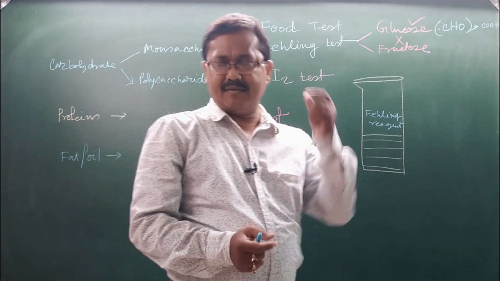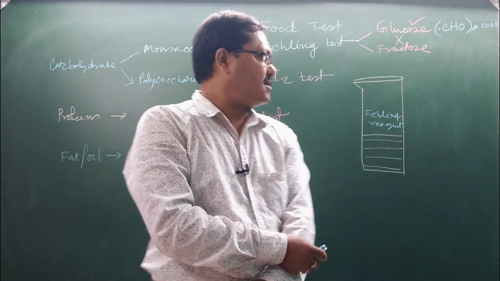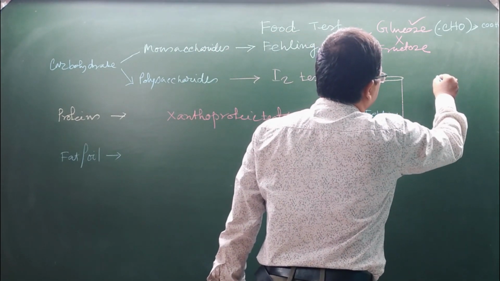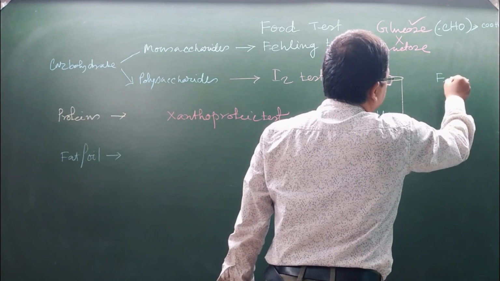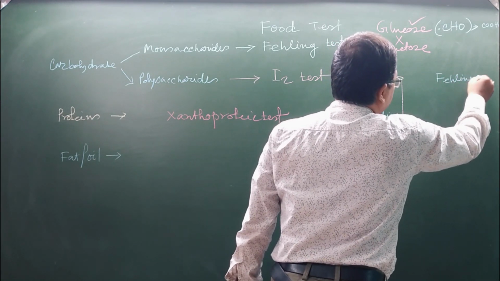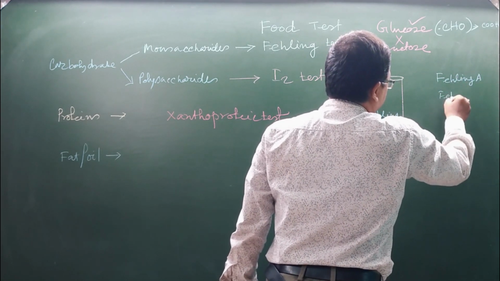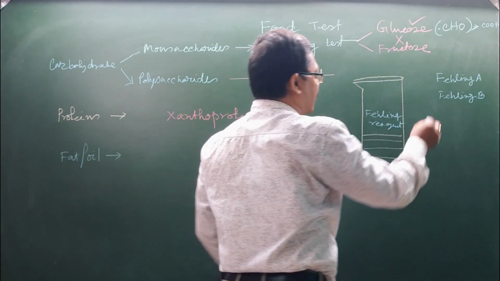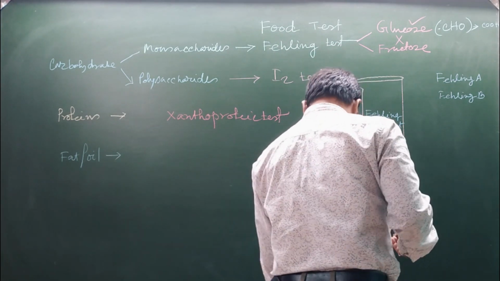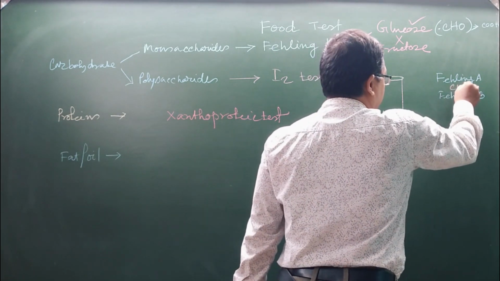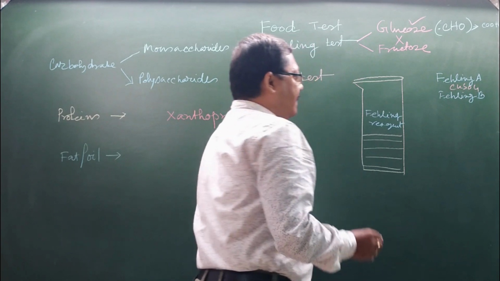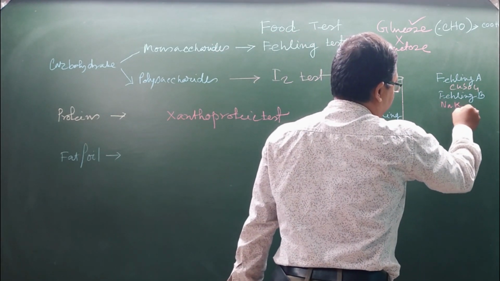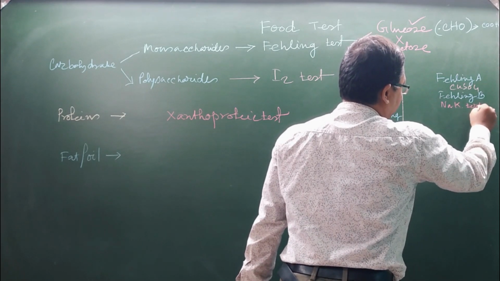It will be discussed in the higher class, but for our memorization, it consists of two: Fehling A and Fehling B. Fehling A contains copper sulfate and Fehling B generally contains sodium potassium tartarate.